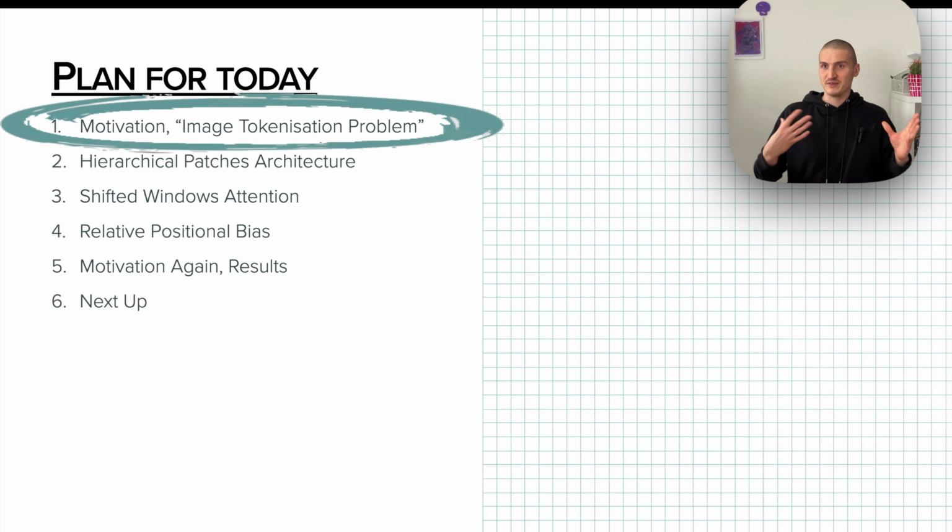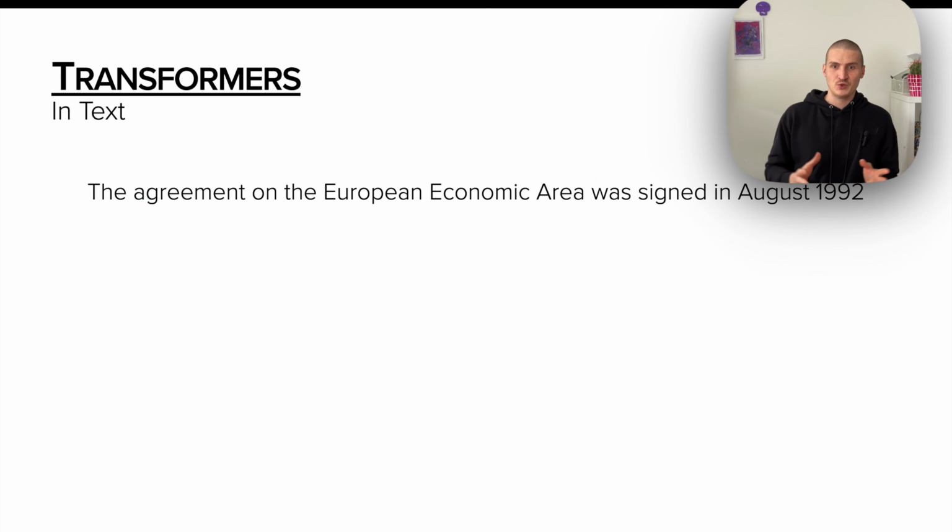So let's start with the motivation behind this, and I call this the image tokenization problem. To be able to use transformers, we first need to represent our input as a sequence of tokens, where each token is basically an embedding vector. We can do that in text by using tokenization.